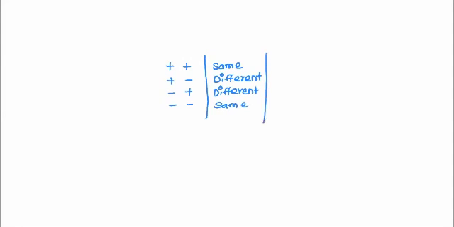So same always results into plus, different always results into minus. Same results into plus, different results into minus. Which means if I'm doing rationalization of signs, resultant sign of two successive same signs will be plus. Different successive signs will result into minus.